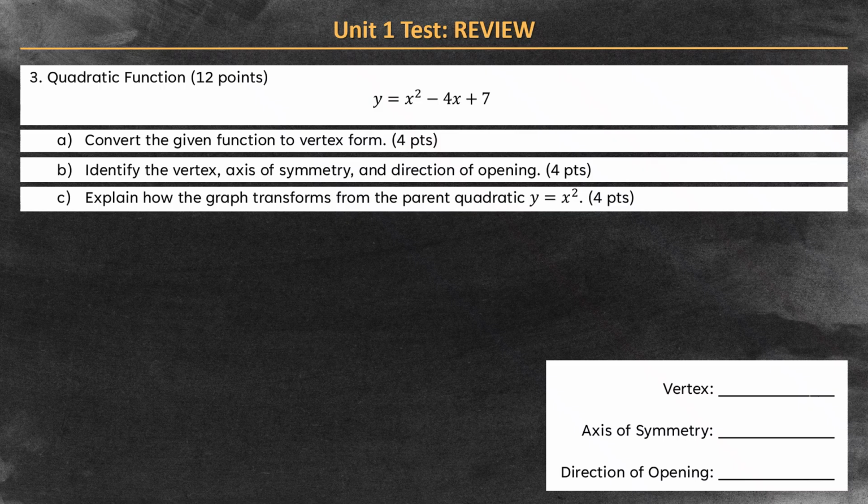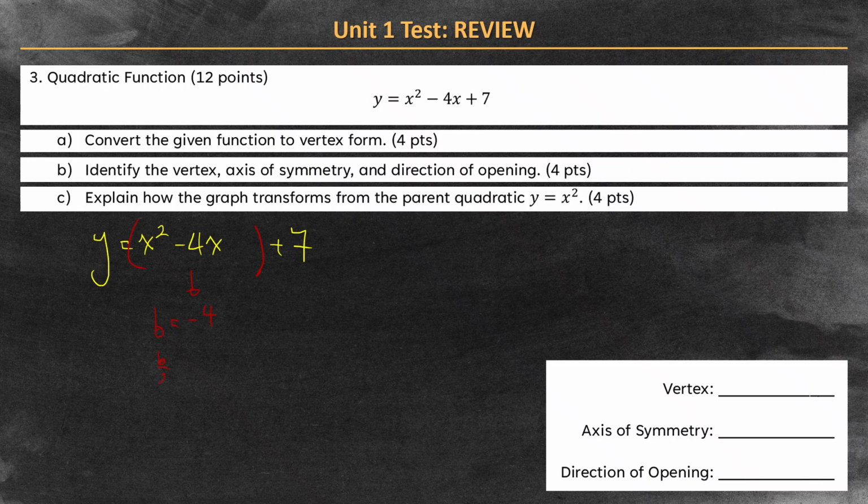So let's begin. y is equal to x squared minus 4x, and then we have plus 7. Now, I'm going to separate the first two terms from the last constant because we need a third number to complete the square for x squared minus 4x. In order to do that, we have to identify the b value, -4.